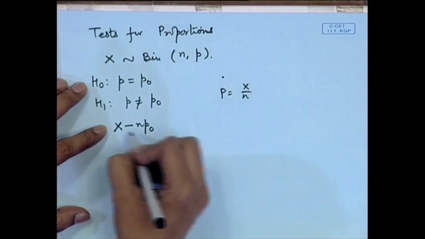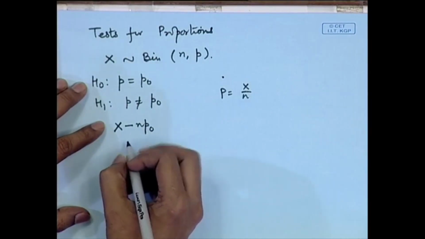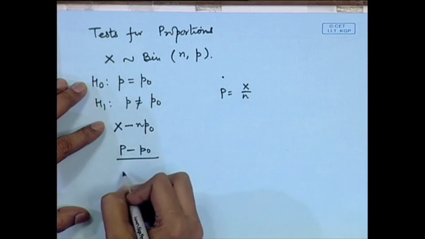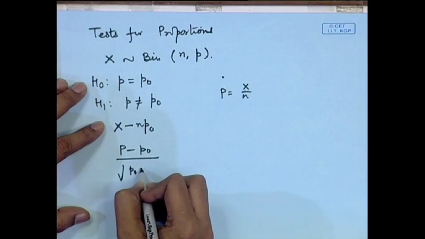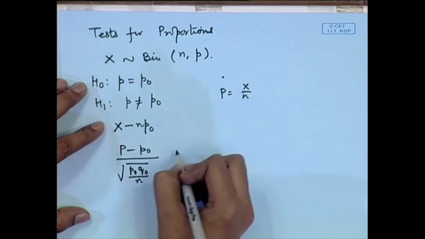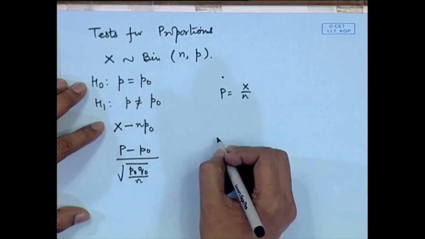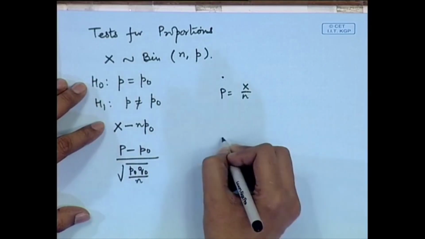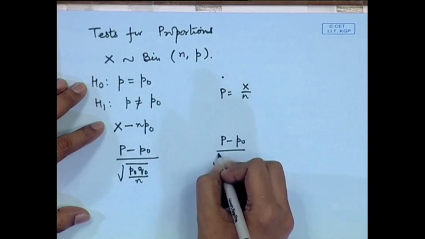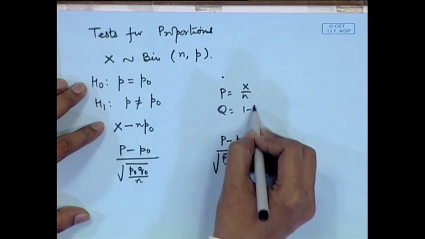So, if we consider the value here to be p hat minus p0 divided by root p0 q0 divided by n, then we can use it as a test. On the other hand, one may use here the estimates also, p hat minus p0 divided by root p hat q hat by n, where p hat is this, q hat is 1 minus p hat.